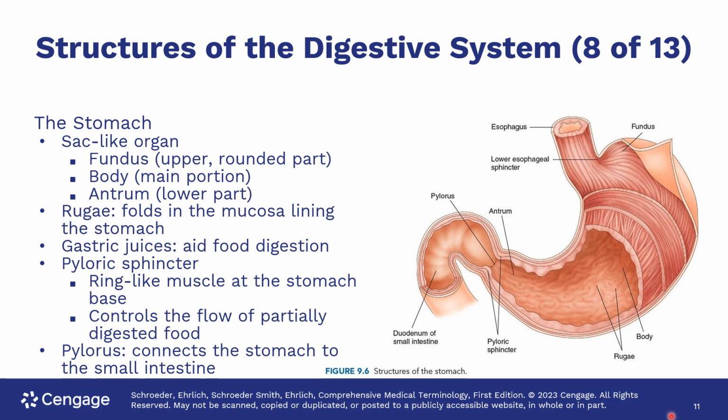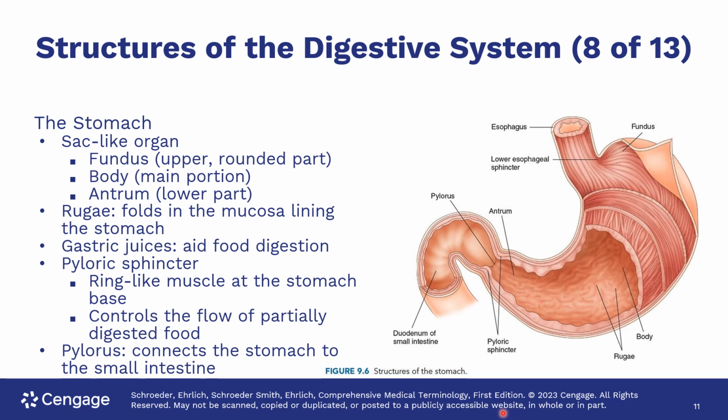The stomach is like a big bag that holds whatever comes down the esophagus. The upper part, that is round, is called the fundus. The body is the main portion, and the antrum is the lower part. There are many folds in the lining of the stomach called rugae.